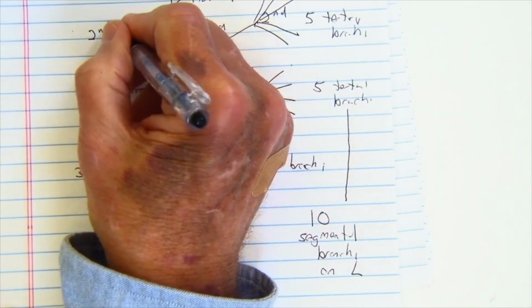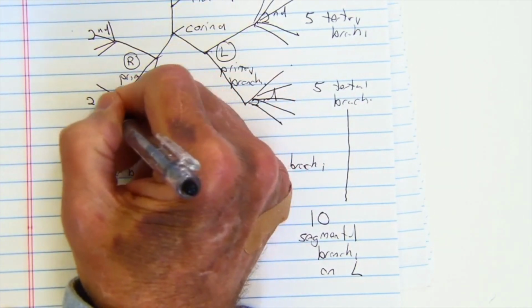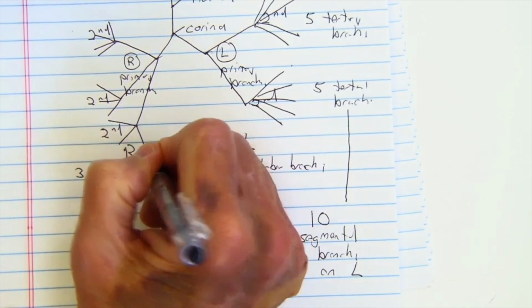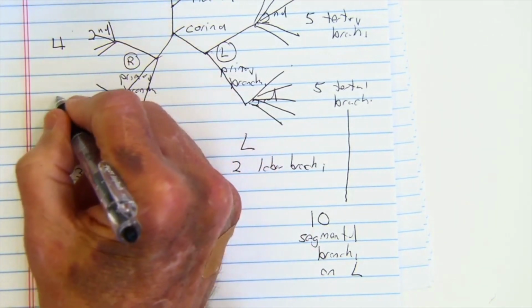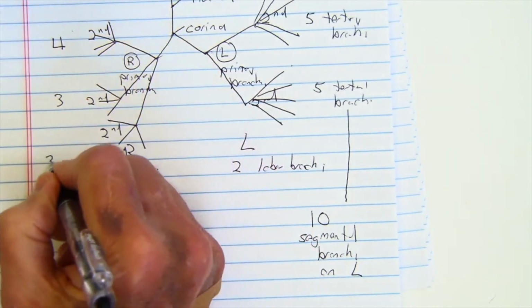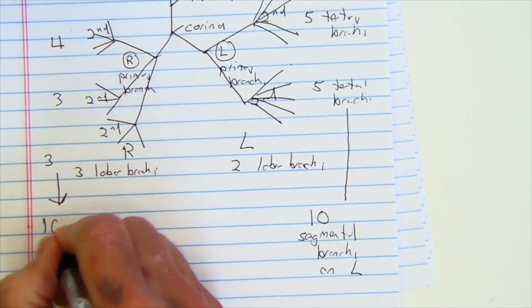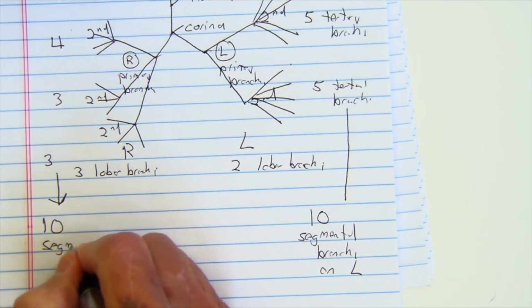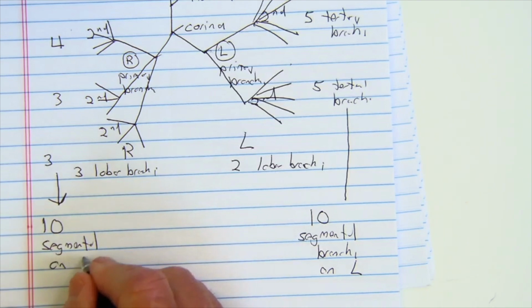And the same over here. We could just put 4 up here, and 3 here, and 3 down here. And therefore, that's going to again come with 4 tertiary, and 3 tertiary, and 3 tertiary, which then leads us into 10 tertiary bronchi or segmental on the right side.